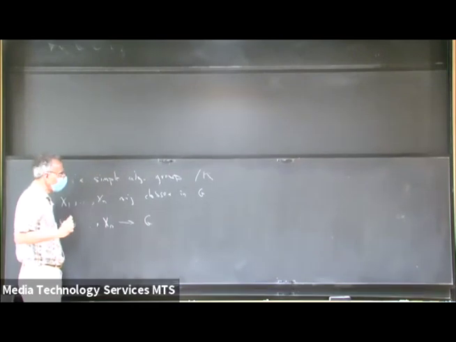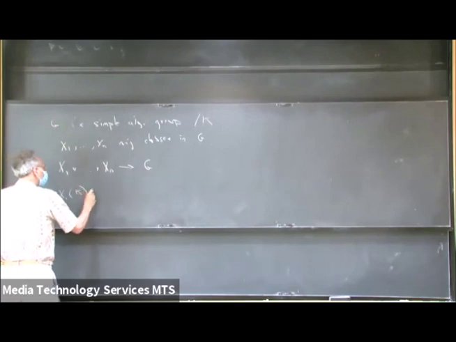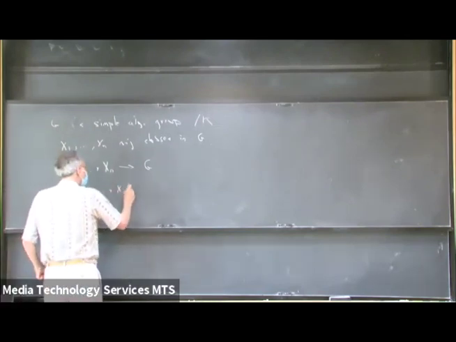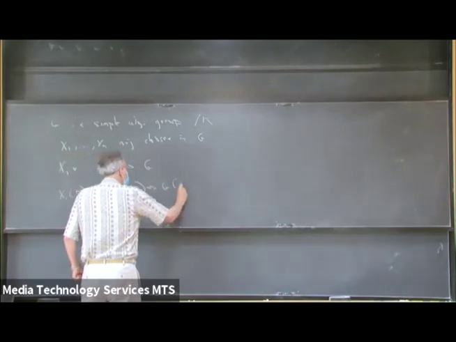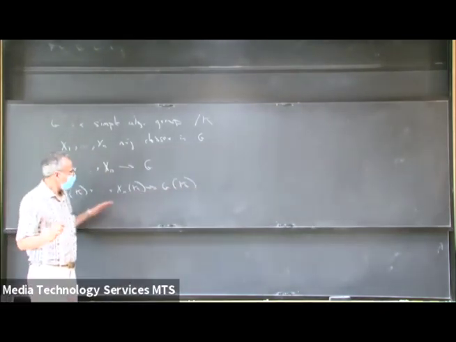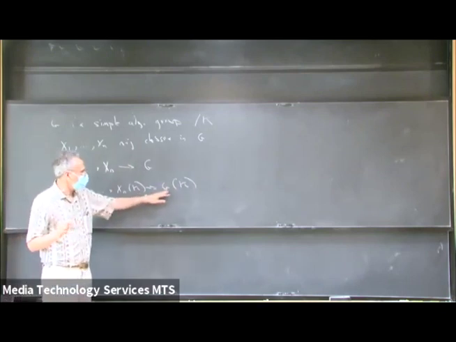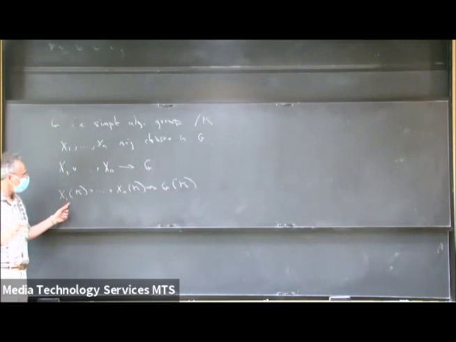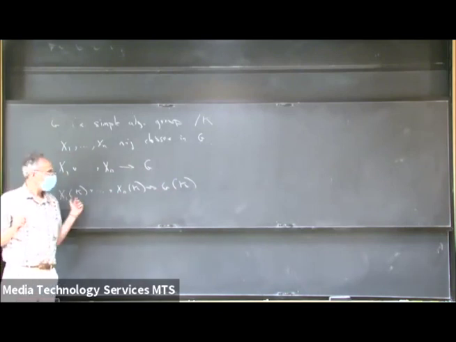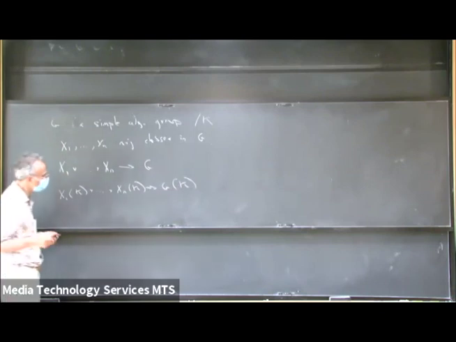And you can look at points over K. You can ask the following question. There are different versions of the question. You could ask, for example, whether this is surjective. I'll ask maybe a simpler question. Does this hit the identity? Can the identity be written as a product of representatives of these n conjugacy classes? Okay, so that's the question I want to talk about.